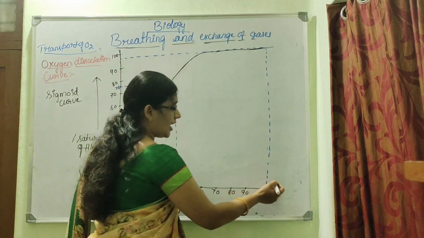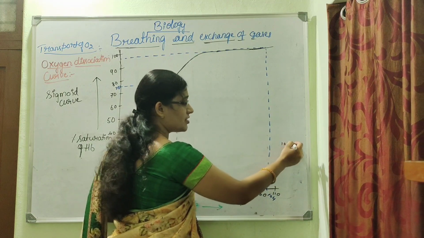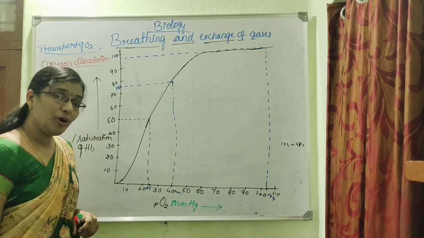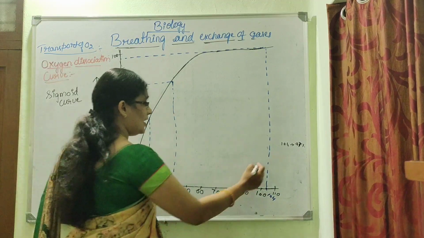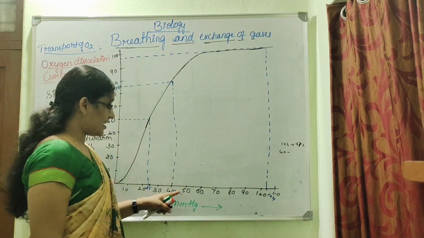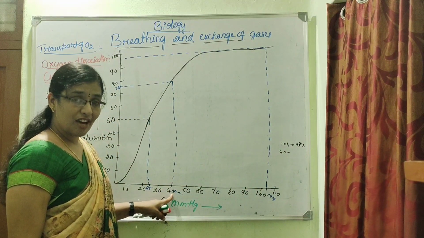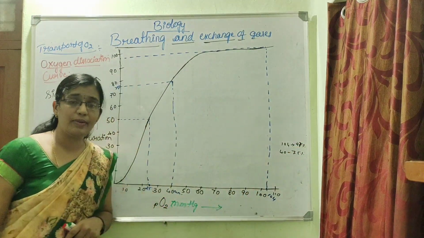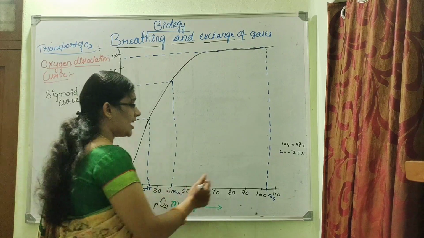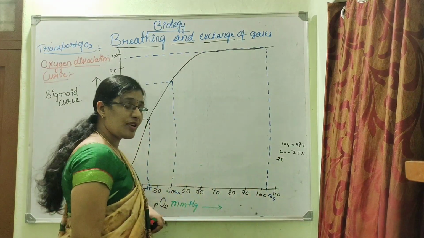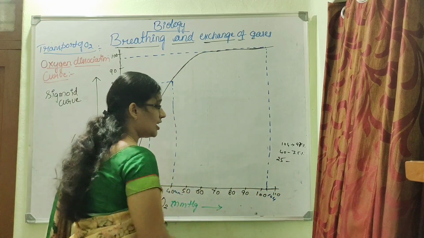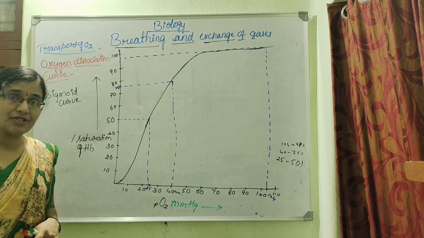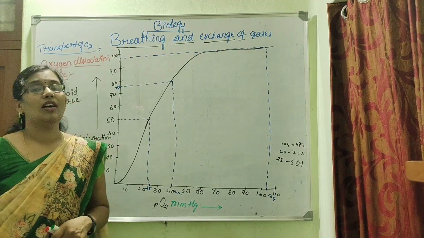So at 104 mmHg, 95 to 97% of hemoglobin is saturated, at 40 mmHg about 75% of hemoglobin is saturated, and at 25 mmHg about 50% of hemoglobin has been saturated with oxygen.